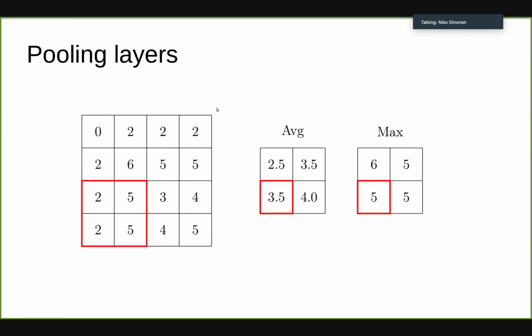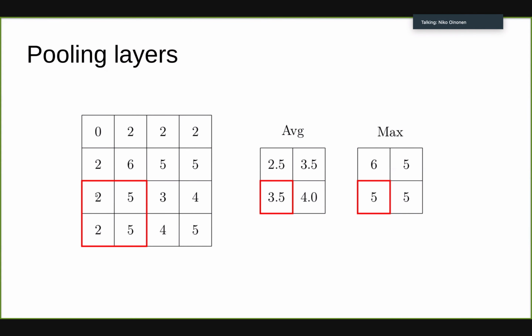Another important building block in the CNN model is the so-called pooling layer, where the idea is that you summarize the information that you have in your features in your image.